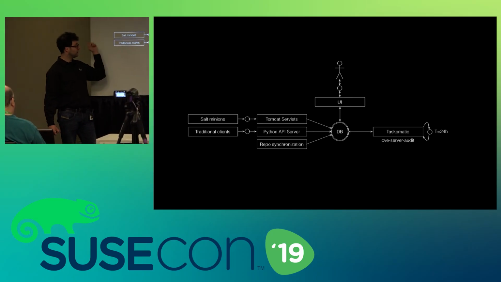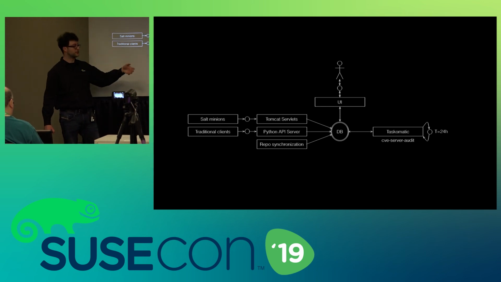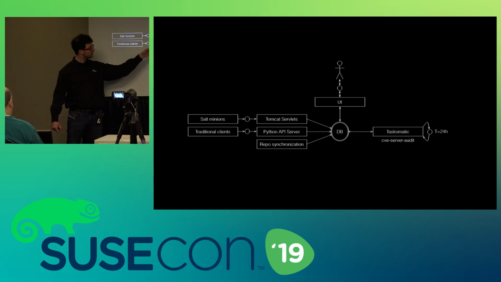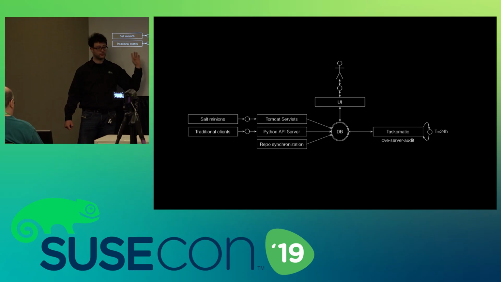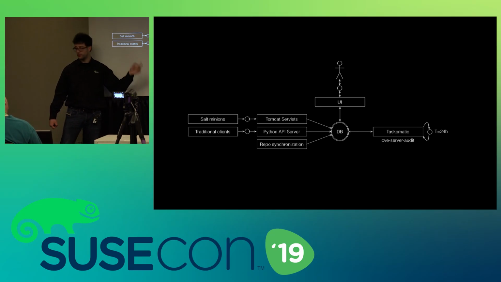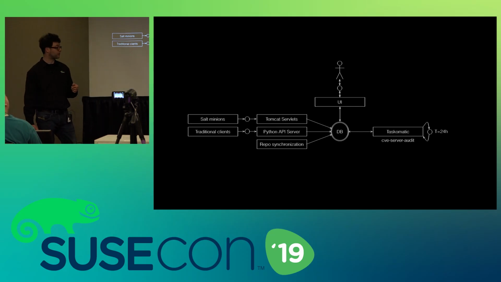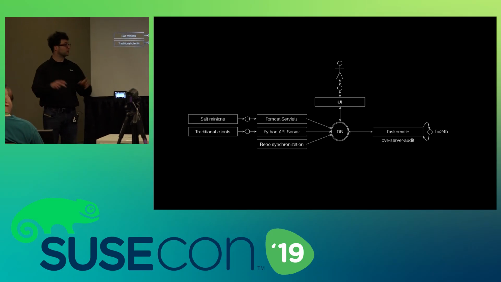So salt minions will send data to Tomcat basically in the servlets, and this will end up in the database, like this package has been updated to this version. Traditional clients follow a similar path, but through a different component. And also the database knows everything about the repositories that are served to the clients and the minions. This comes from the reposync process. So at the end of the day, the database has a condensed view of all these data streams.